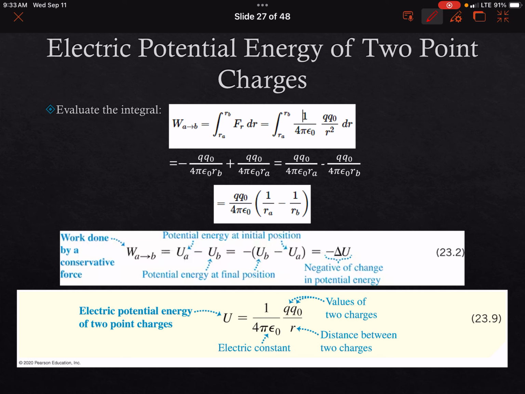So we plug that in and evaluate the integral. I wrote the answer here, but it's distributed strangely, so I want to write it so it becomes clearer how it turns into this equation. We had negative 1 over r from r_A to r_B, and I have my Q's here.